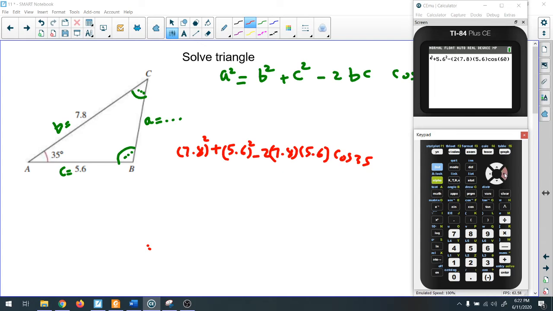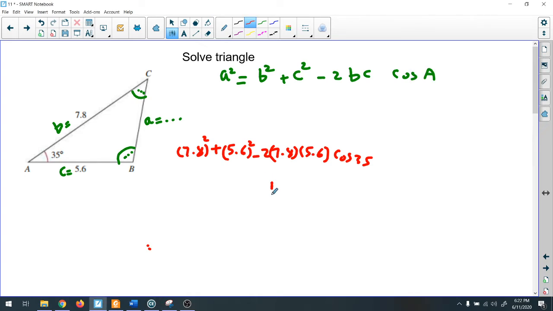And then when we close, insert another parenthesis here. Enter, then the answer is 48.52. That's a squared.